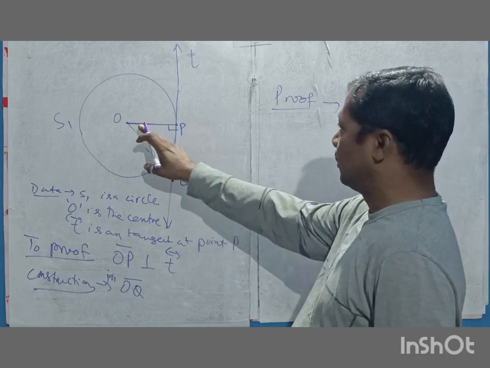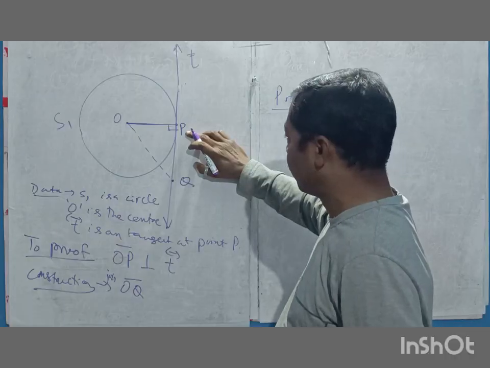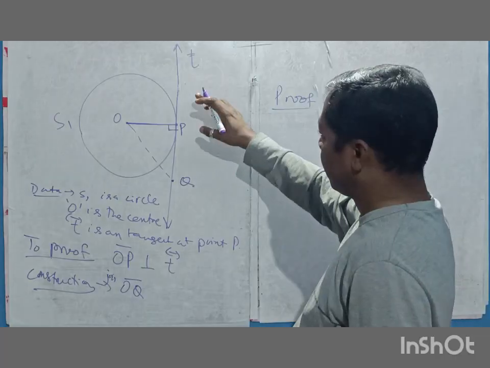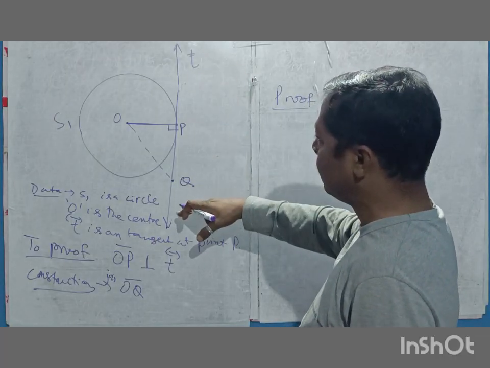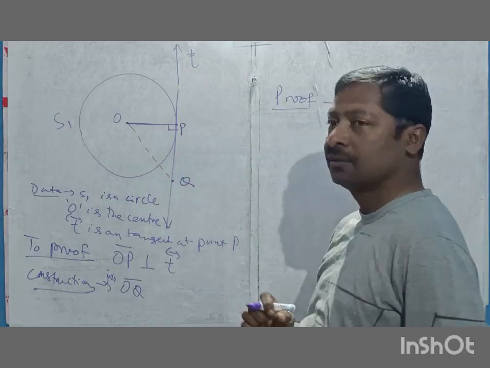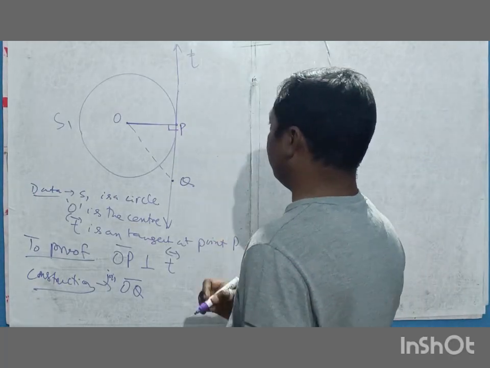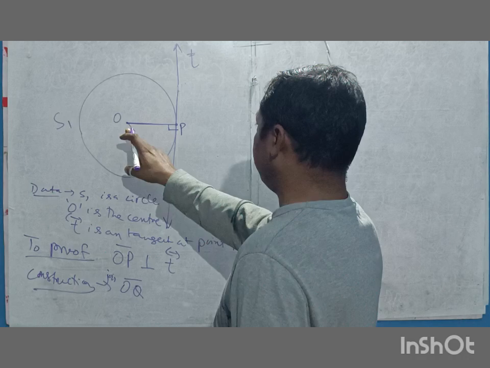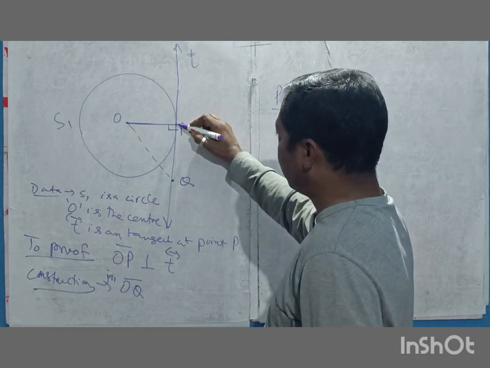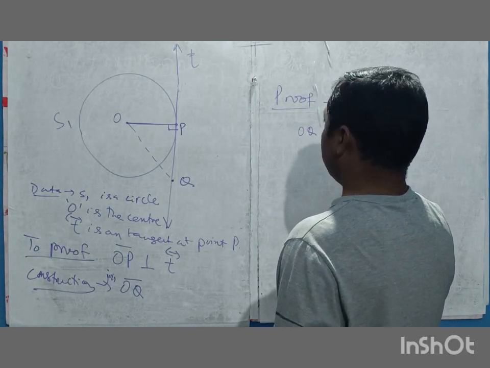Now the proof. Point Q is exterior to the circle. We know that the point of contact is the only point common to the circle and tangent. So except P, any point on the tangent T will be exterior to the circle. So in triangle OPQ, if Q is the exterior point of the circle and P is on the circle, then OQ must be greater than OP.